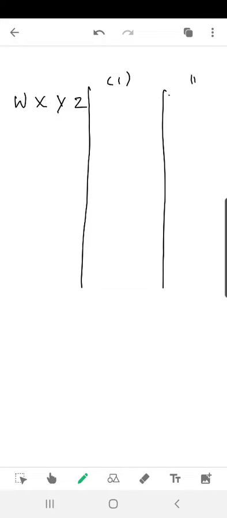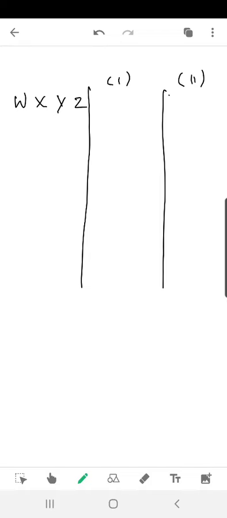Depending upon these values of W, X, Y, Z, I am dividing this table in two parts. The first part is for our decoder number 1, and the second part is for our decoder number 2. The W input is connected to... we have three enable pins.